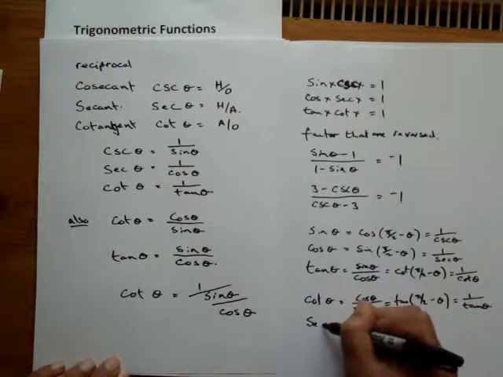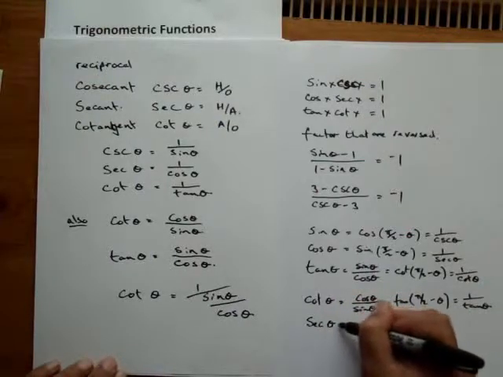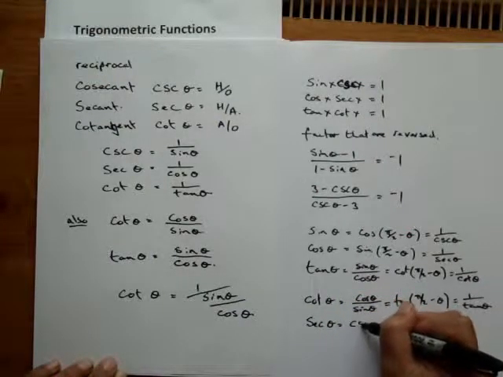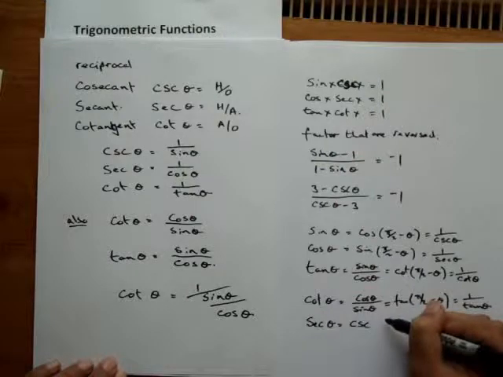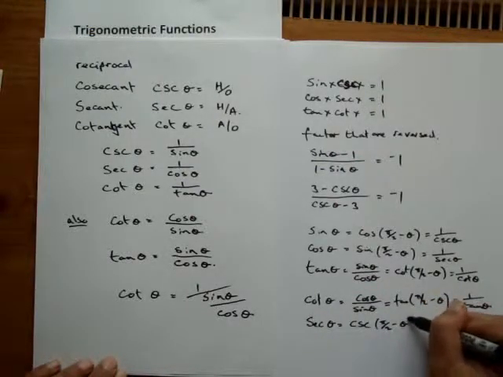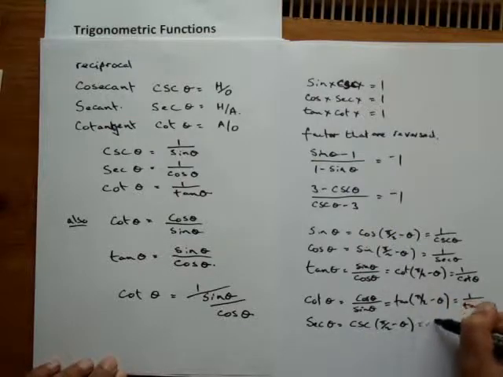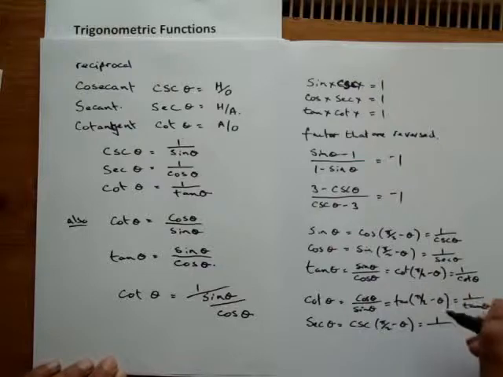And then sec theta equals cosec pi over 2 minus theta, equals 1 over cos theta.